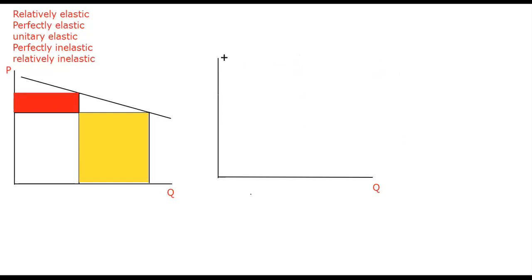What are we saying? The demand curve now looks like this. This is our demand curve. At first, this was the price, and then this was the quantity demand.